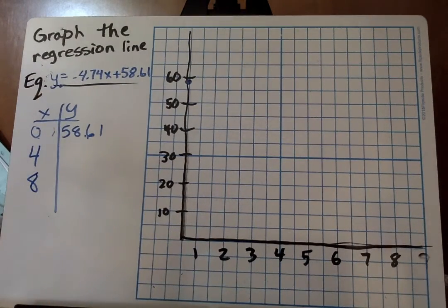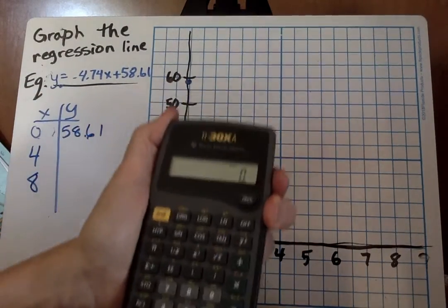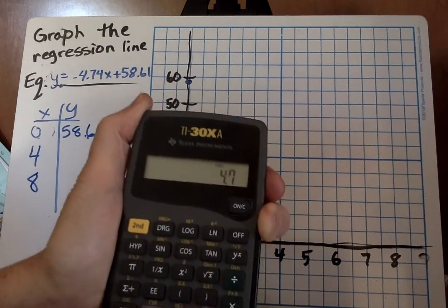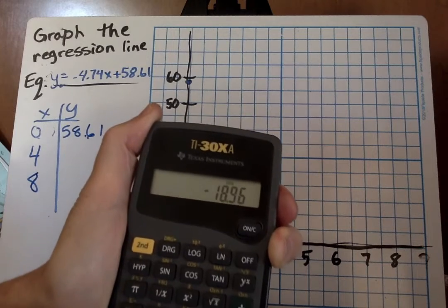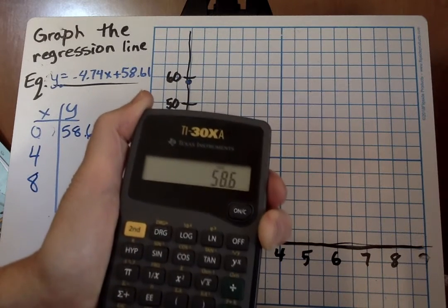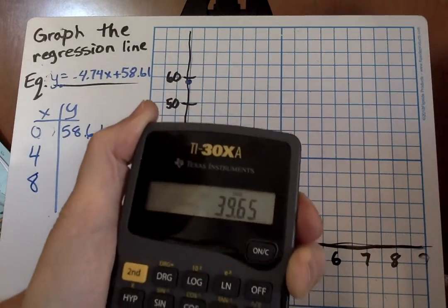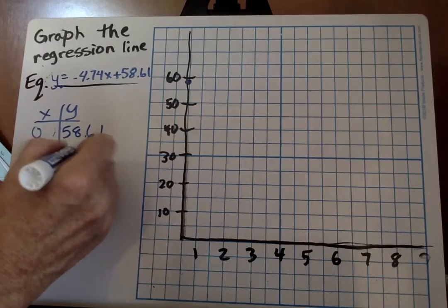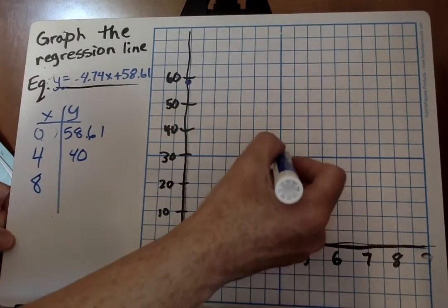Okay, so I go 4 times negative 4.74 equals plus 58.61. 39.65. I'm going to go ahead and round that up to 40. So 4 would be 40.